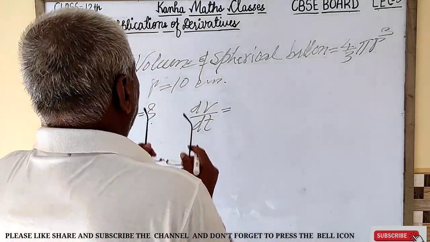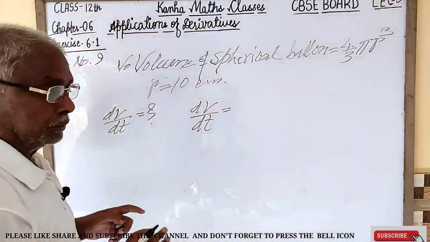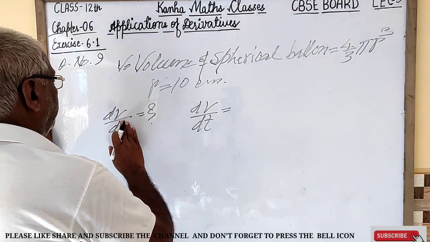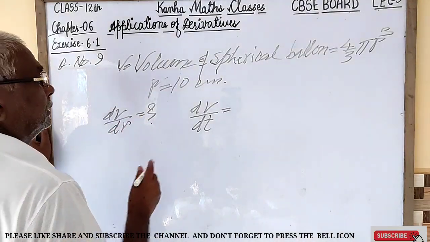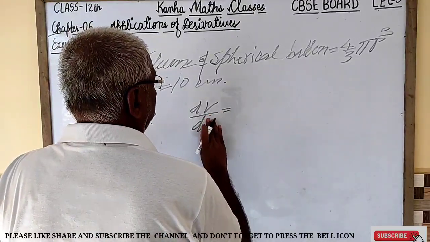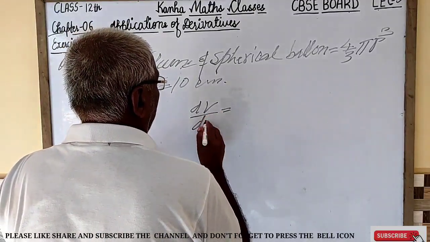With respect to r, we have to find out the rate of increment of volume with respect to radius. Now it's very clear and very simple.